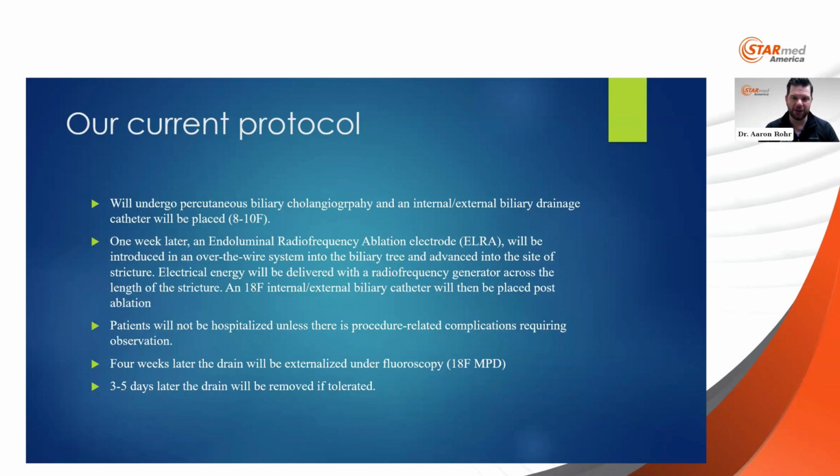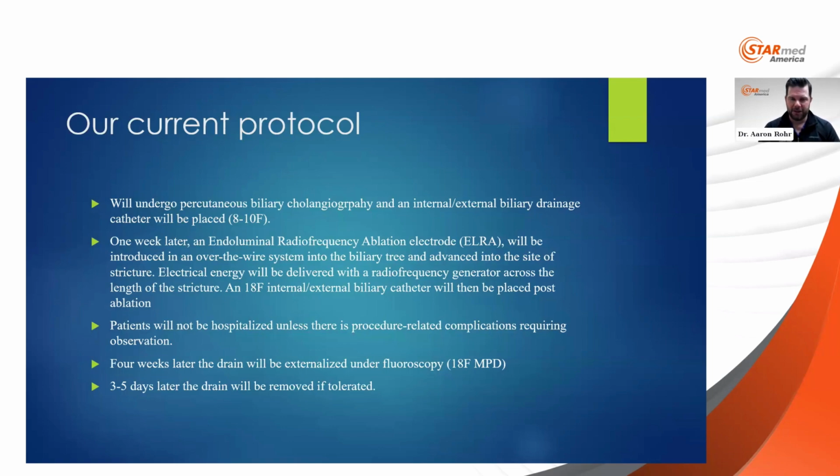As I mentioned earlier, I have largely converted to moderate sedation versus anesthesia. 4 weeks later, the drain will be externalized, and then we do a capping trial with an externalized drain. So just a multi-purpose drain, whatever you guys use, just to see if that's going to work, for the most part being a placeholder.